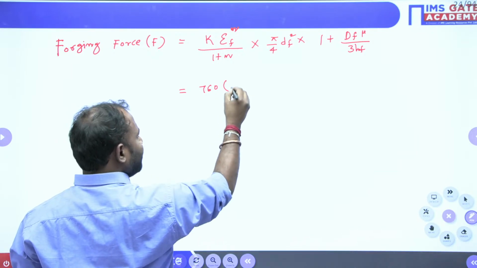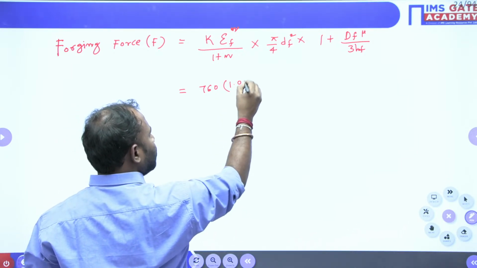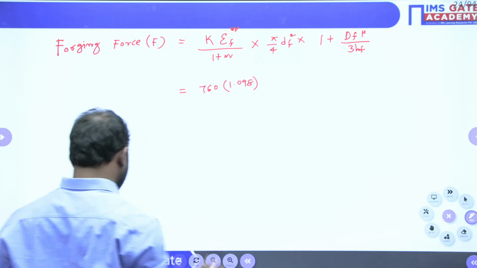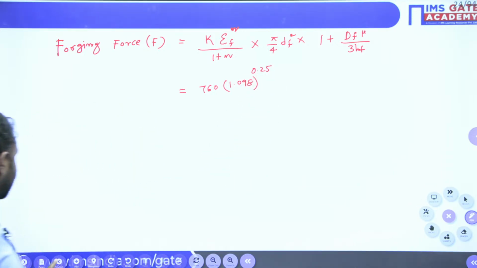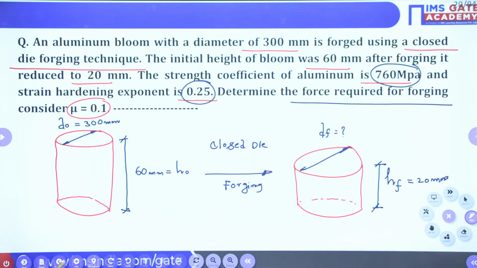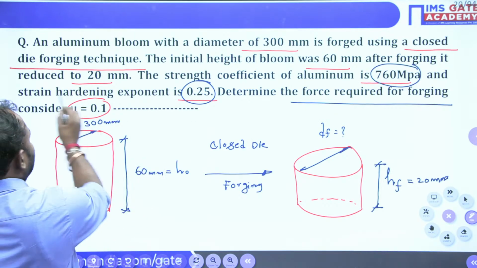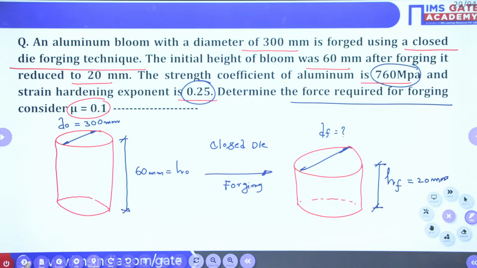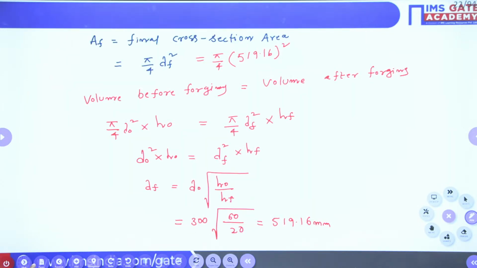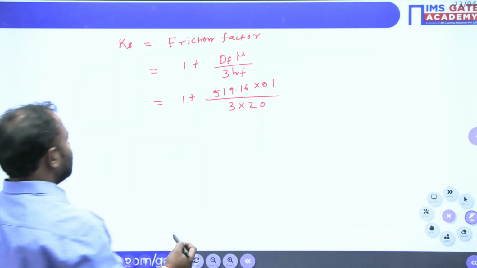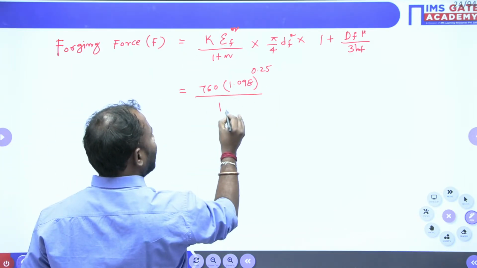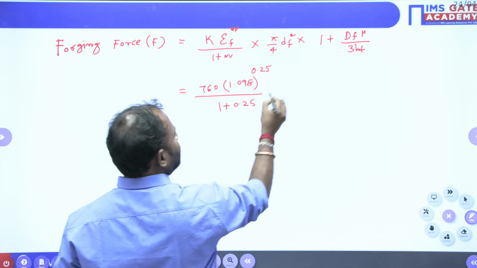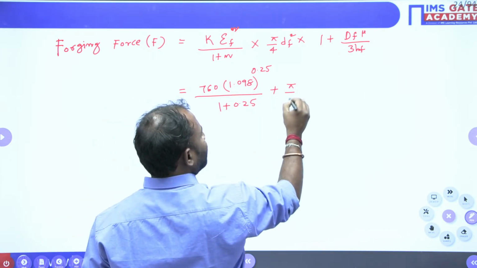Now your epsilon f is 1.098. Now your n is 0.25. Yes, let me check once. n, the strain hardening exponent, is 0.125. Right. Now let us go for divided by 1 plus 0.125, into pi by 4 into df square.